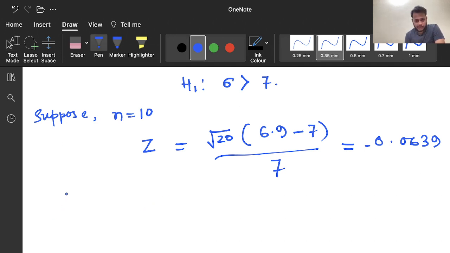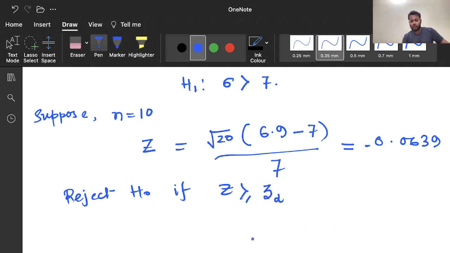Now reject H0 if z is greater than or equal to z alpha.